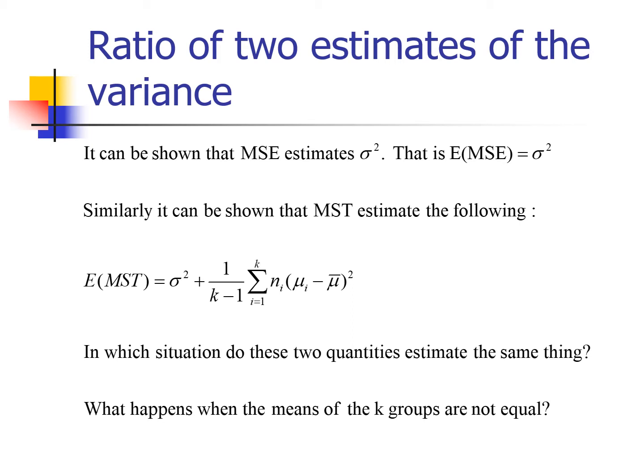That extra quantity is essentially 0 whenever all the means are the same, that is, under the null hypothesis. Under the null hypothesis, the expected value of MST is the same as the expected value of MSE. So in that situation, we expect an F statistic close to 1.